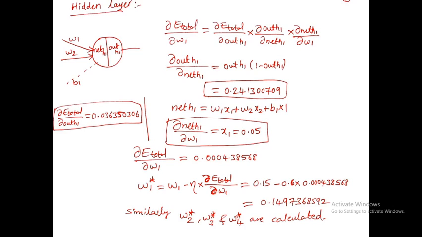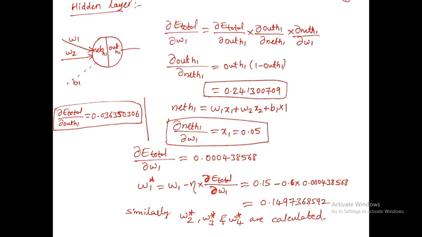When it is back propagated, the connection link weights from W1 to W8 will be updated again, and again you will get a new error. If that new error is not within the limits, again back propagation, forward propagation, calculate the error, back propagation, update the weights, forward propagation, calculate the error.